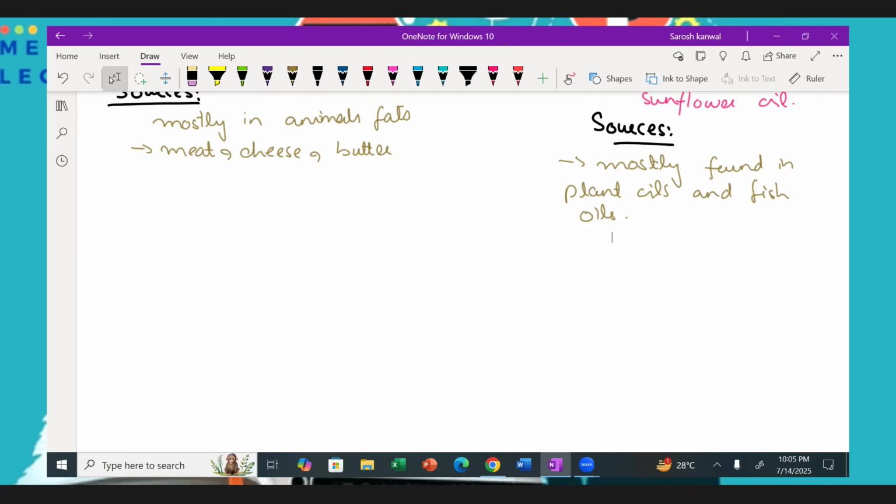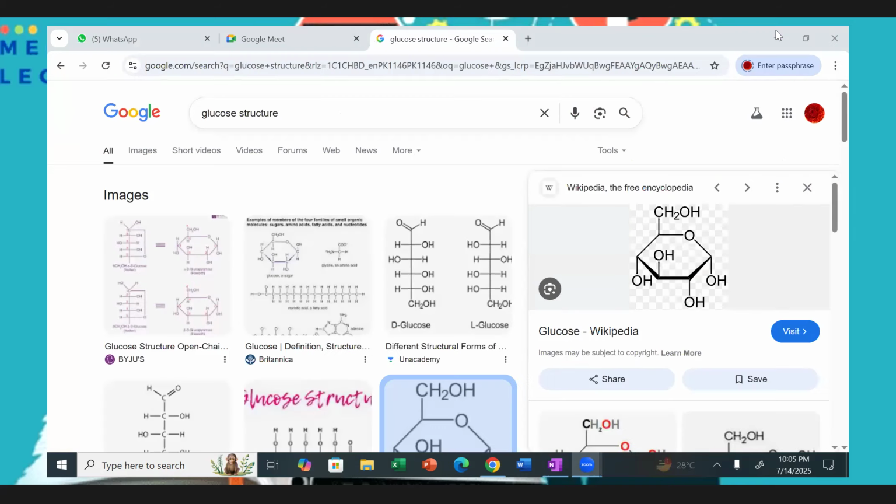Yes. But my question is, what do you consider more healthy, the saturated lipids or the unsaturated lipids? Any one of you could answer me that. Yes, Huma, what do you think?